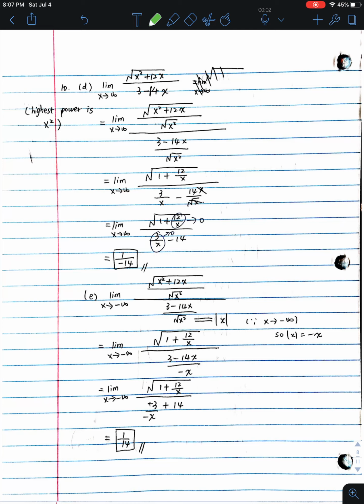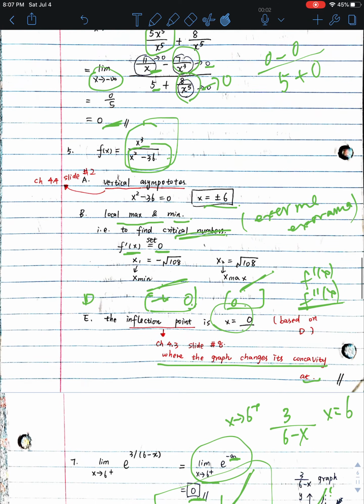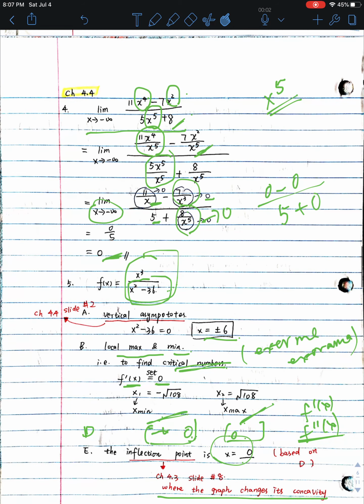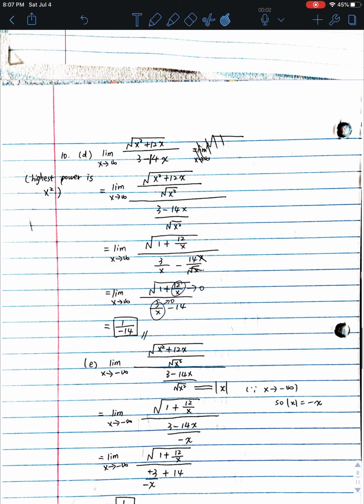As we can see from previous examples, from the first example 4, I said if both the numerator and denominator have x, we need to find the highest power of x and then divide both numerator and denominator by the highest power of x.